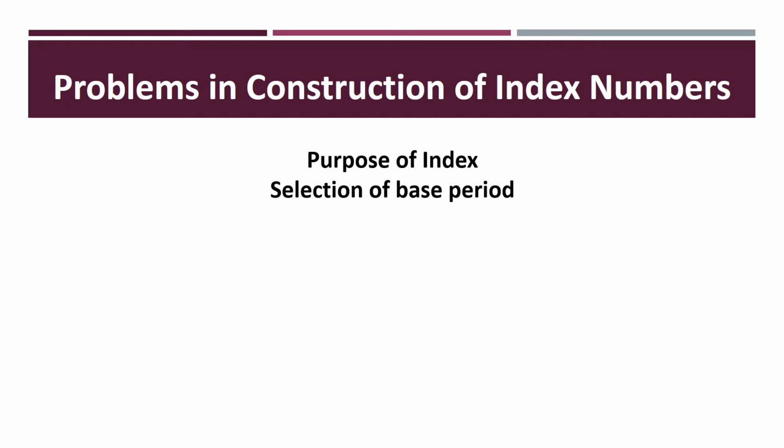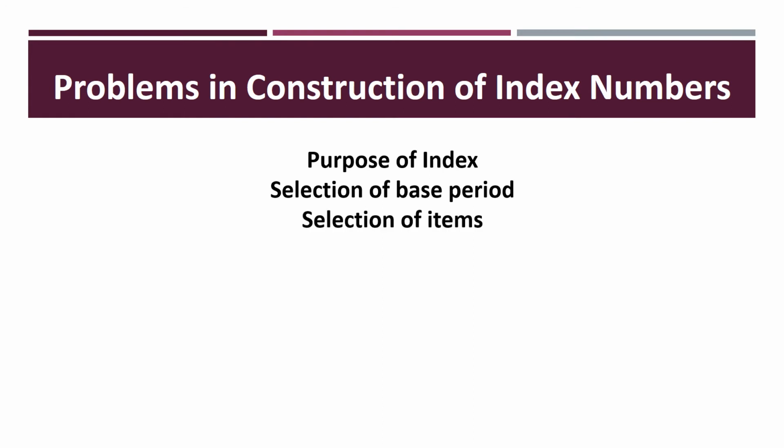The base period should be a normal one. It should be free from abnormalities like war, earthquake, famines, depressions, booms, etc. So, selection of a base period is very important in the construction of an index number.